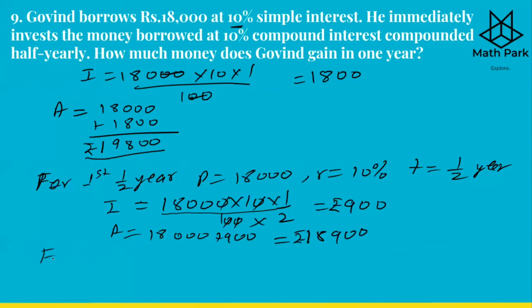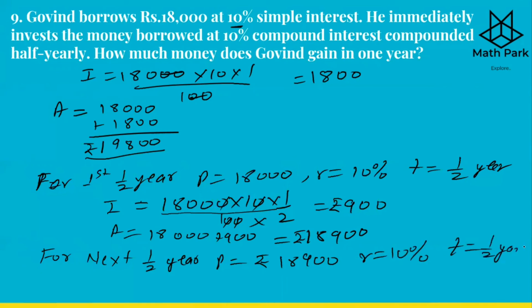And then for the next half year, the principal is equal to rupees 18,900. The rate of interest is again 10%. The time period is half year. Okay.